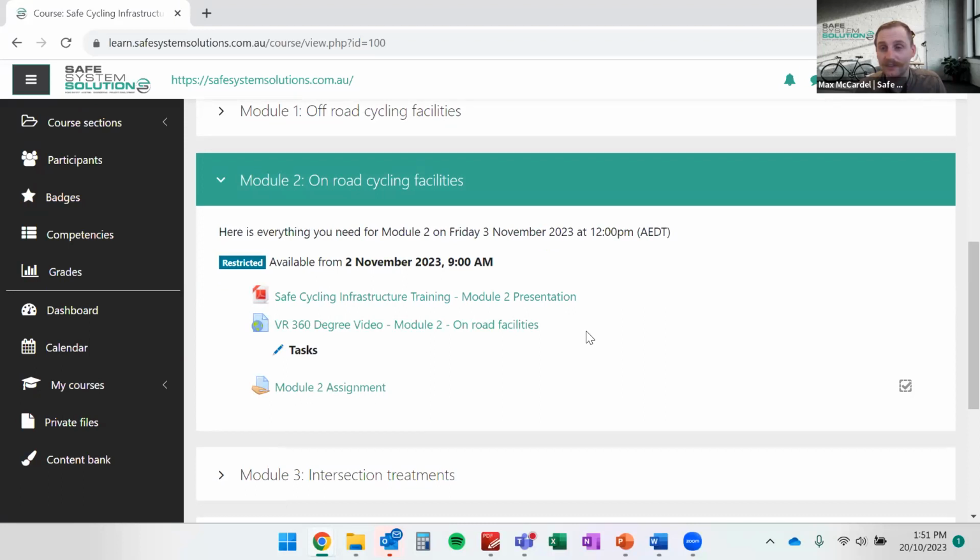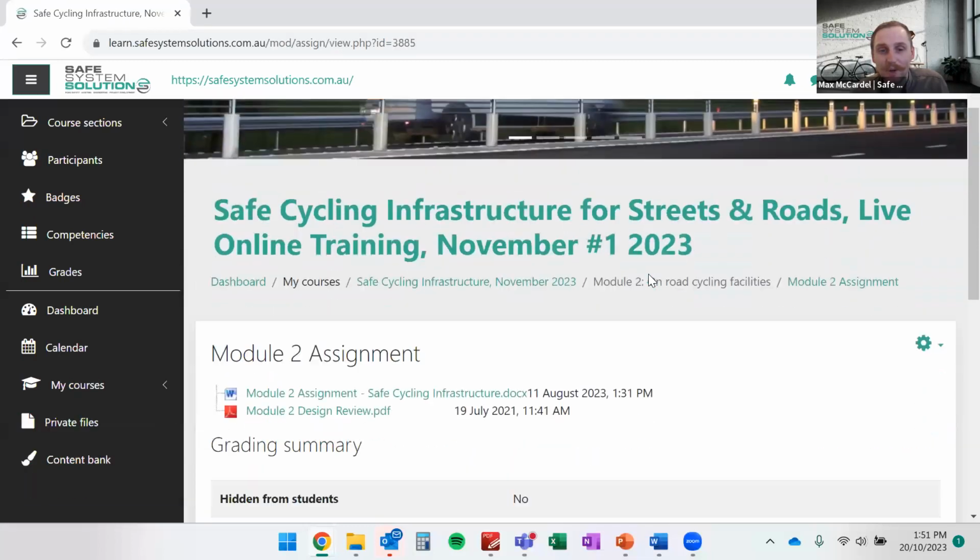Just click that and it'll take you to a YouTube site where you can watch the 360. You'll get an example of an on-road facility riding next to the dooring zone versus riding in a protected bicycle lane, so if you've never ridden either of those facilities, you'll get to see what it feels like. But you'll also need to complete Module 2.